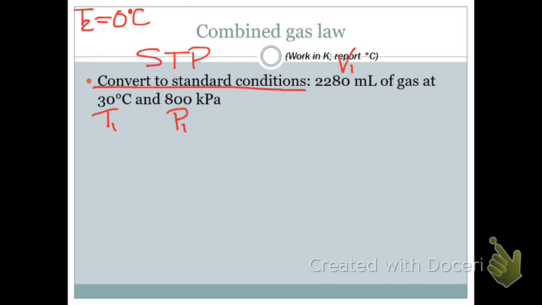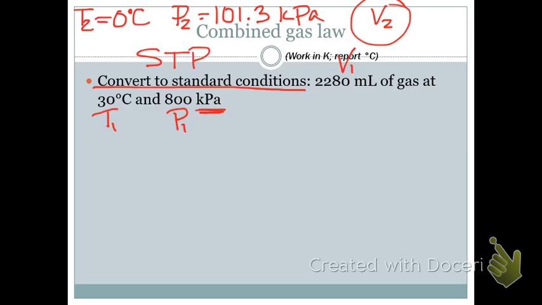And pressure at standard temperature and pressure is based on my unit for pressure, which here is kilopascals. My standard pressure is 101.3 kilopascals. Okay, so now I have everything except for V2 because it doesn't tell me. So V2 is what I'm looking for.